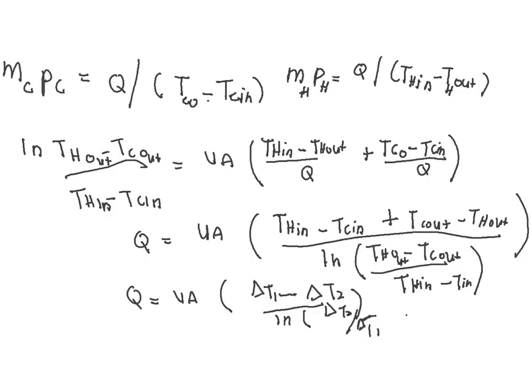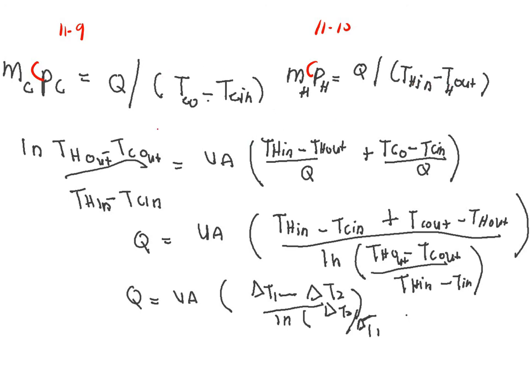Okay, basically this is the derivation on how you can get 11.24. We use equations 11.9 and 11.10 to rearrange and we get MC CPC equal to Q over TC out minus TC in, and MH CPH equal to Q over TH in minus TH out.